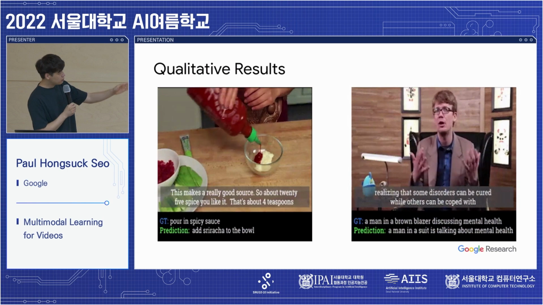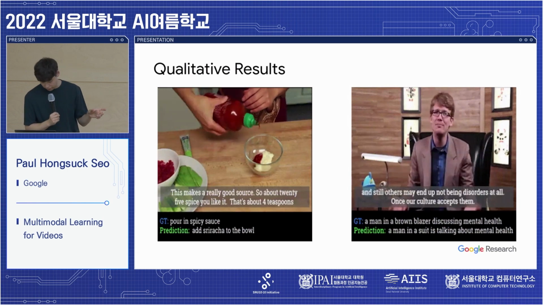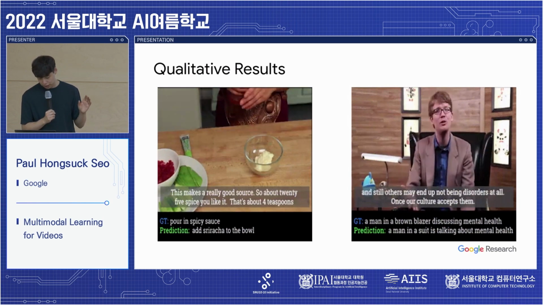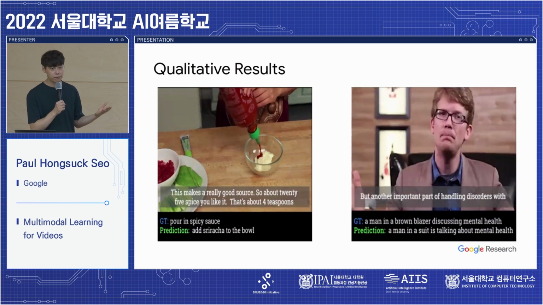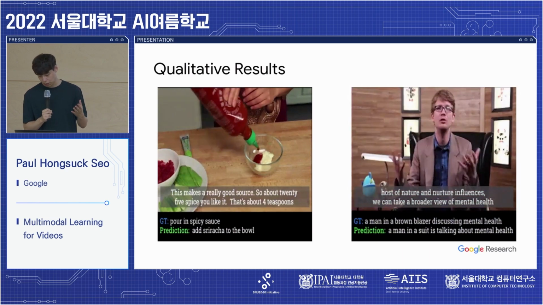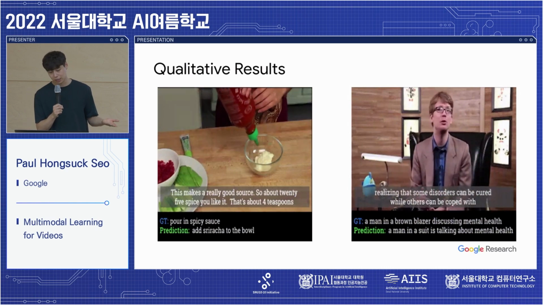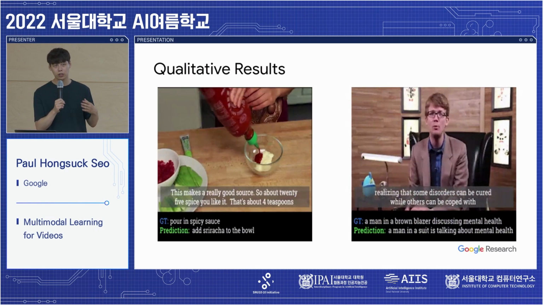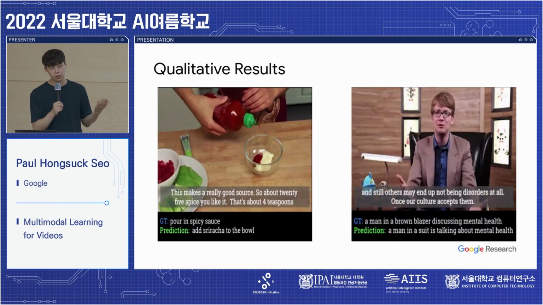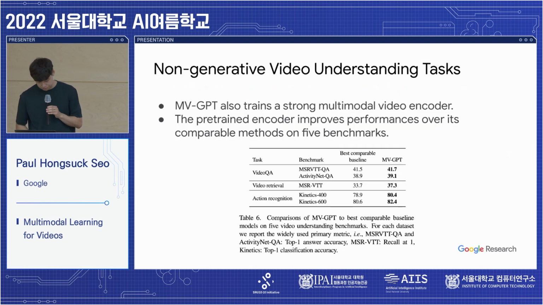In the next one, the first part, a man in a suit, can only be inferred from the visual inputs, while talking about mental health can only be inferred from the text input. So the model was trained to properly use the multiple modalities.